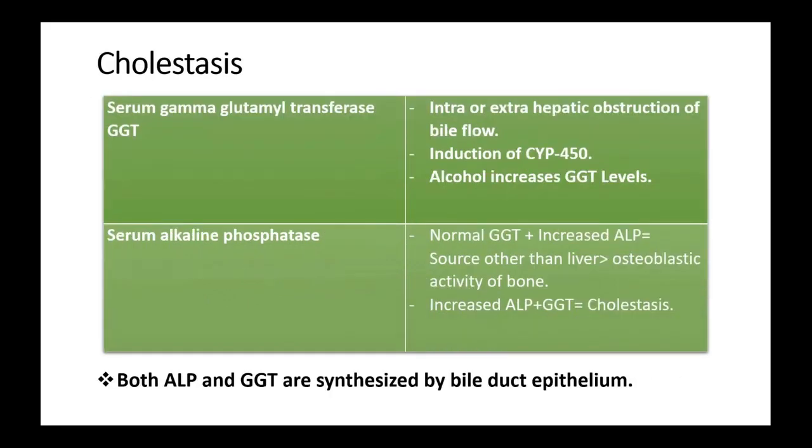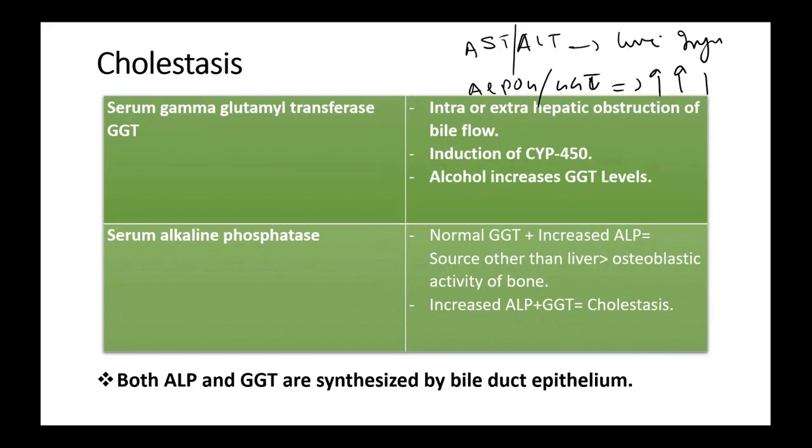What is the cholestatic pattern? If AST, ALT is elevated, that indicates liver injury, hepatocyte injury. If ALK phos and GGT are elevated, that indicates injury to the biliary tree, gallbladder, common bile duct, hepatopancreatic duct.